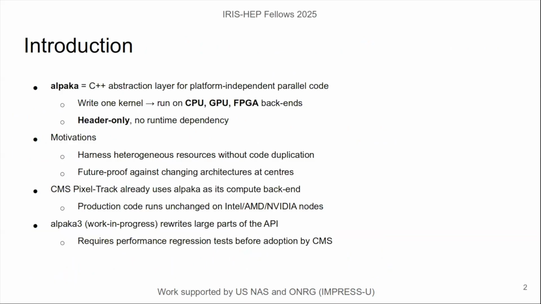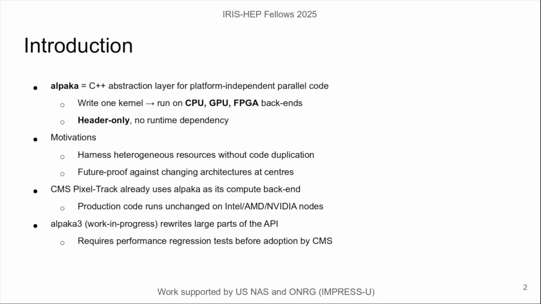What is Alpaka? Alpaka is essentially a portable layer written in pure C++. You can compile the same source code for different accelerators, like CPUs, GPUs, and even FPGAs.